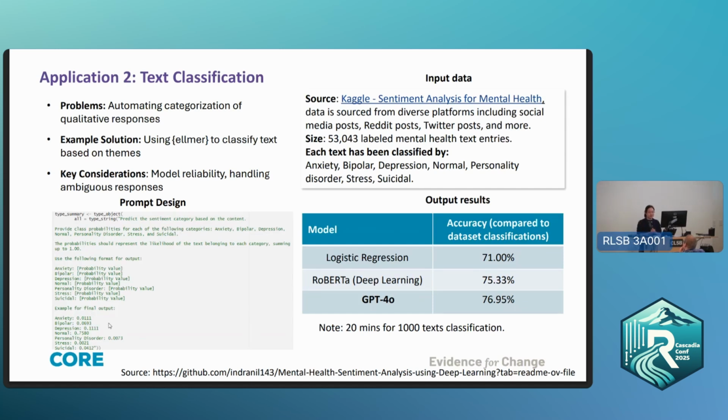But I want to note that for this example, it took 20 minutes for the model to deal with 1K text classifications. I will say that is faster than human review, but not faster than my expectation. So prompt design, code optimization, and time consideration need to be considered in this example.